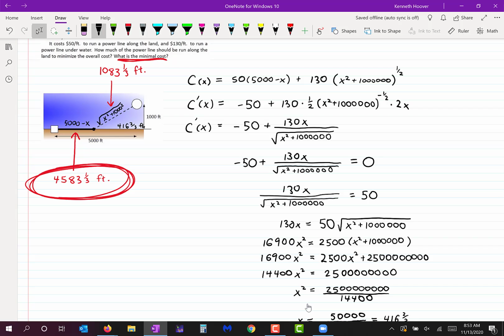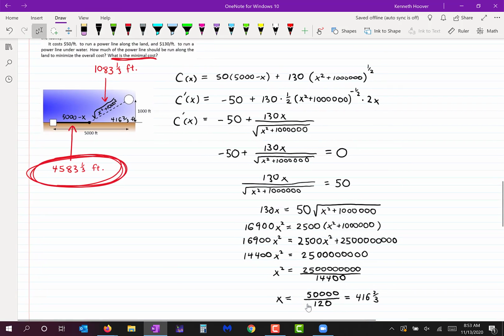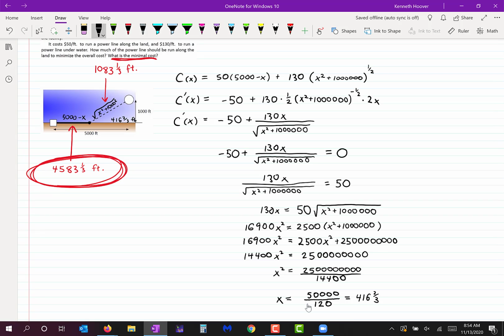Let's find the cost. It's going to be easy to find the cost. All I have to do is take the amount on the beach and multiply that times 50. It's $50 per foot.